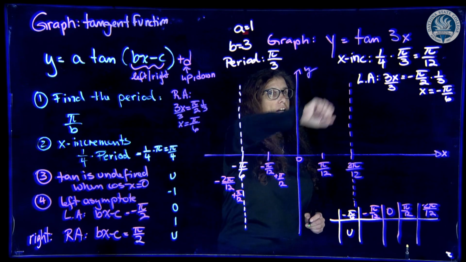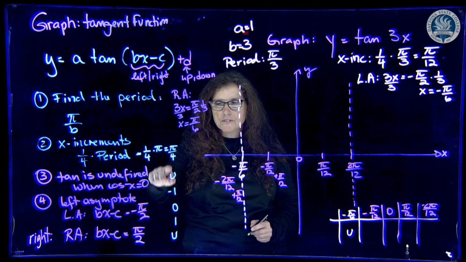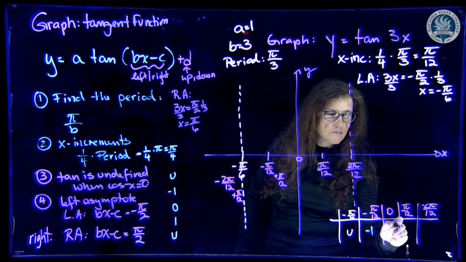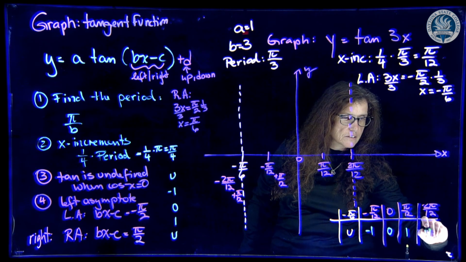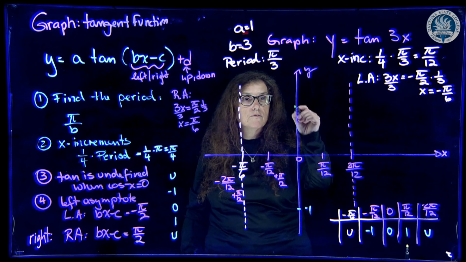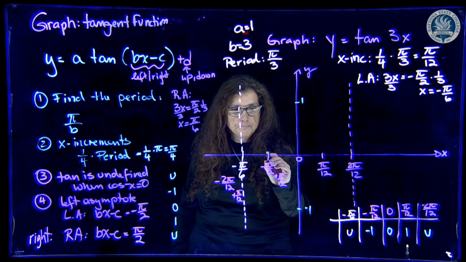Now, since my a is 1, these values are not changing. I get a negative 1 here, a 0, a positive 1, and an undefined.